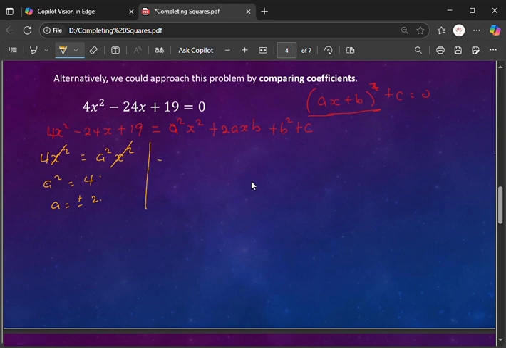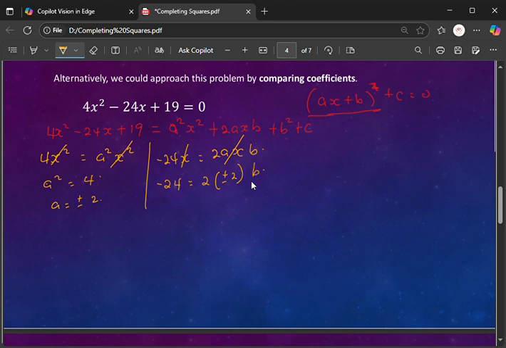Negative 24x, we equate it to 2axb. Now simplify this, the x's cancel out. If the x's cancel out, we already have the value of a. So we can now bring it in. So negative 24 equals 2 into brackets plus or minus 2, and then b.